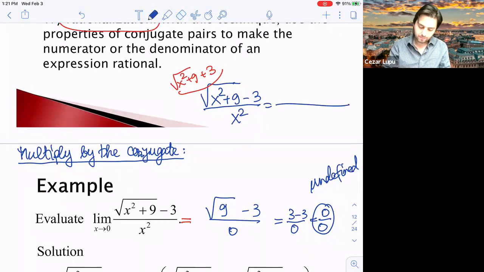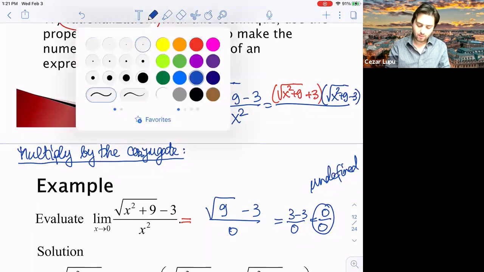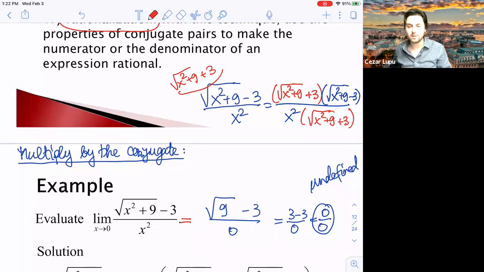So here I'll have the square root of x squared plus 9 minus 3 times the square root of x squared plus 9 plus 3, everything over x squared times the square root of x squared plus 9 plus 3. You see, I multiplied the bottom and the top by this.